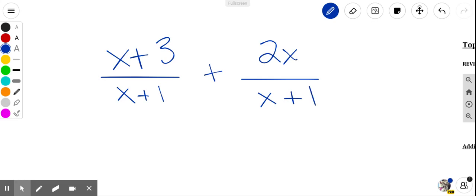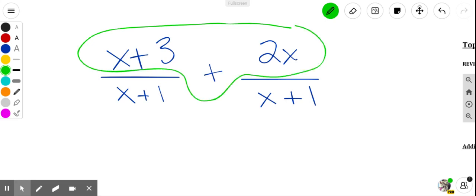This is what we practiced for a couple days last week, and we did it with like denominators. So remember, these bottoms are the same. When you have like denominators, you can just add or subtract the top. So for something like this, since these x plus 1 and x plus 1 denominators are the same, we can just simply add the top.